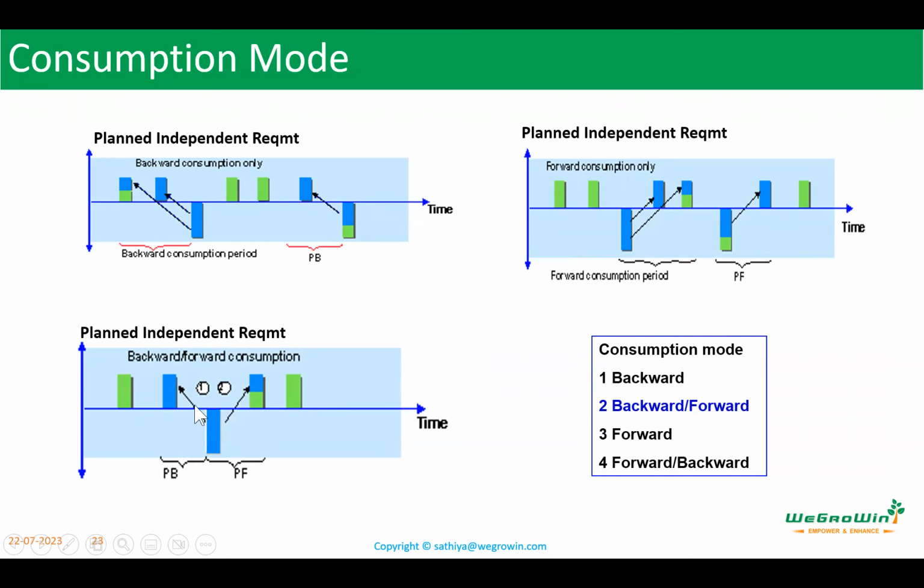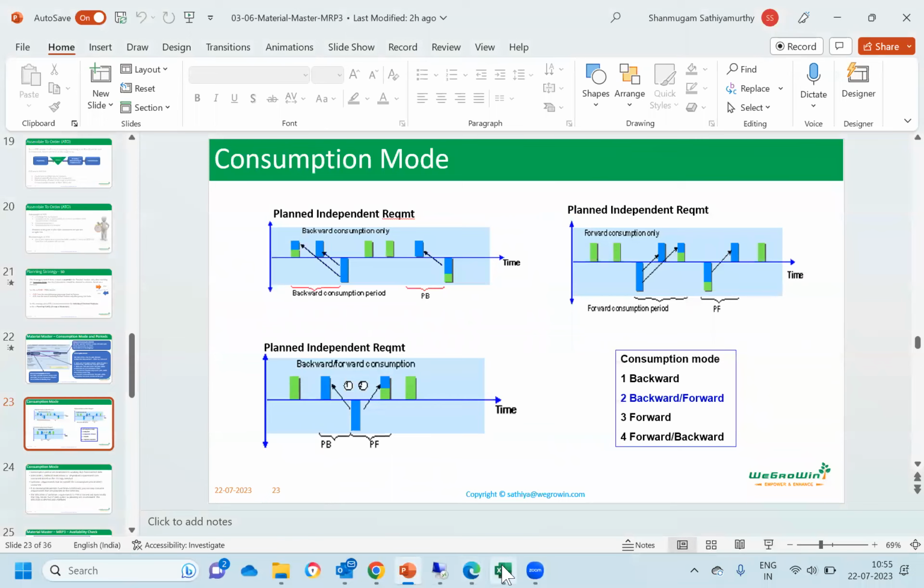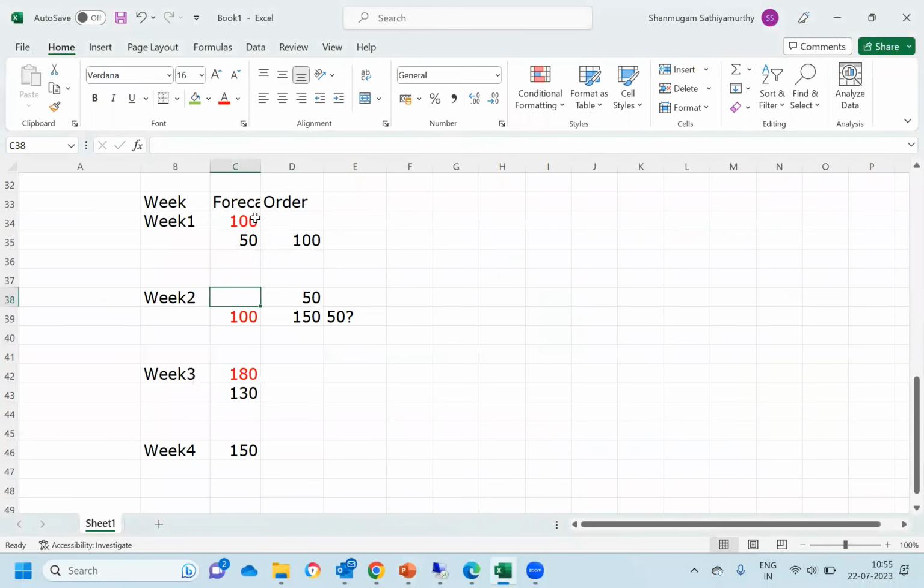For example, this is a month. You define this as 1 month. If it completes 1 month, it will go to the next month in the forward direction. It will not go and consume this one. So we have to keep monitoring how much demand is not consumed like this. If you enter the demand in the system like this, and by forward and backward you consumed, sorry, out of these 150, you consumed 100.